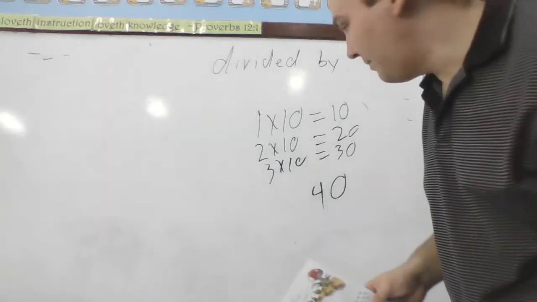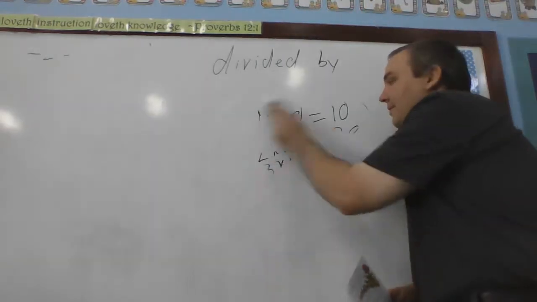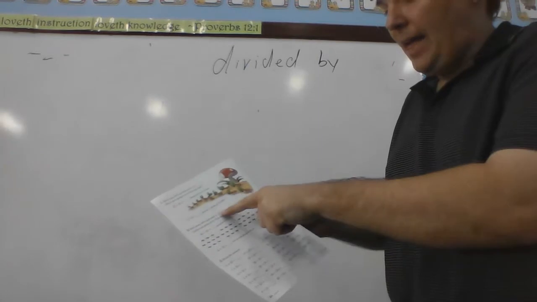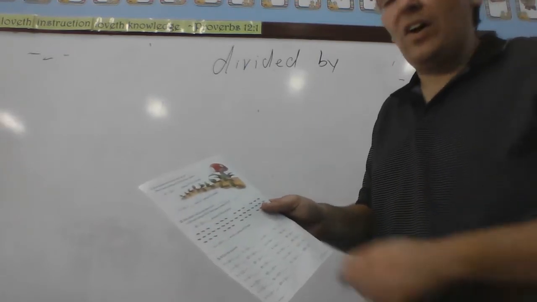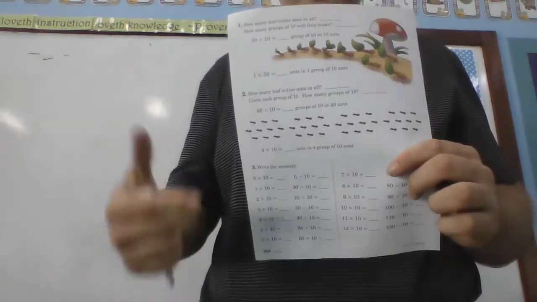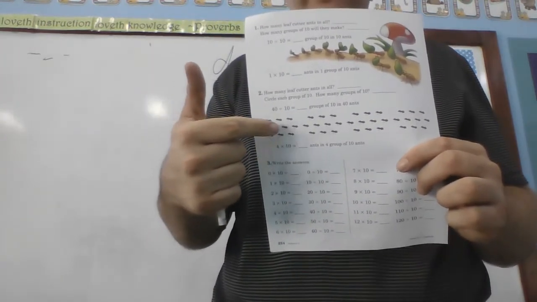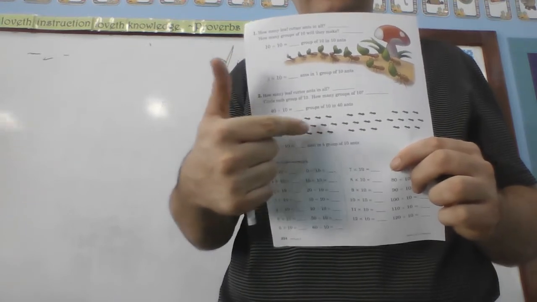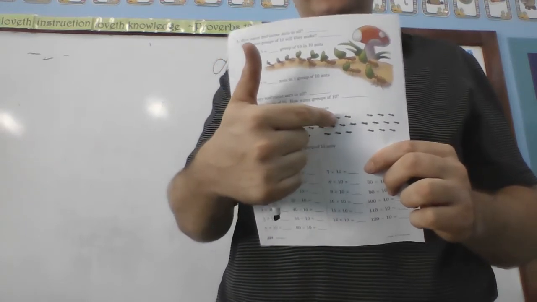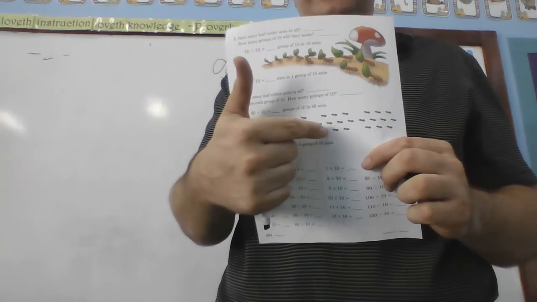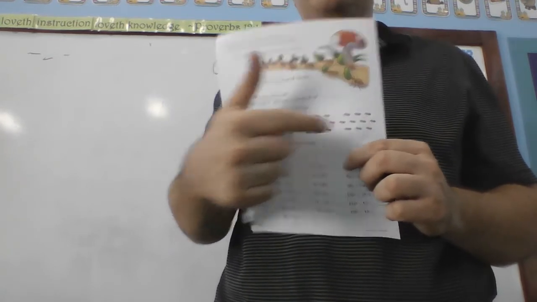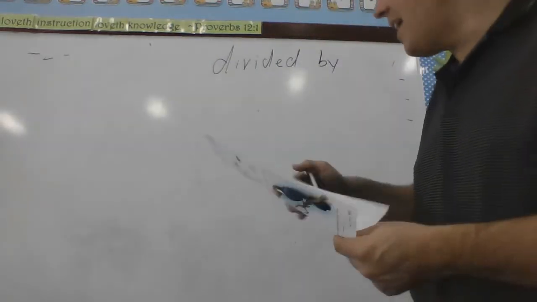Okay? So on that subject, how many leaf cutter ants in all on this page, this part here? Well, we can count them. 1, 2, 3, 4, 5, 6, 7, 8, 9, 10, 11, 12, 13, 14, 15, 16, 17, 18, 19, 20, 21, 22, 23, 24, 25, 26, 27, 28, 29, 30, 31, 32, 33, 34, 35, 36, 37, 38, 39, 40. There are 40 ants there.